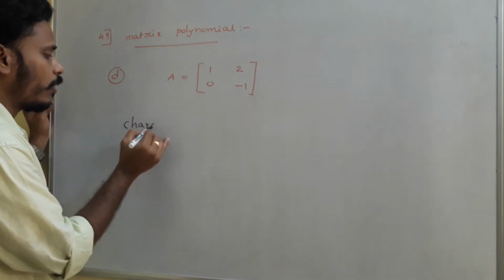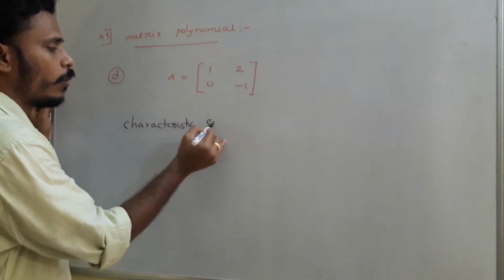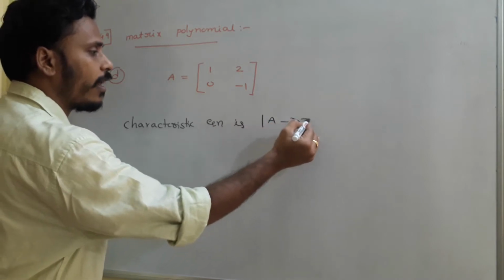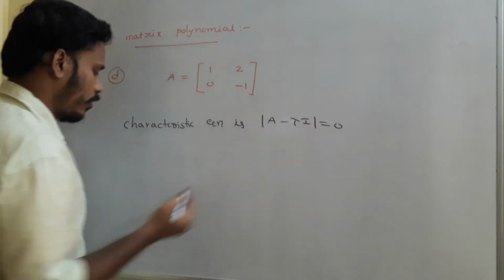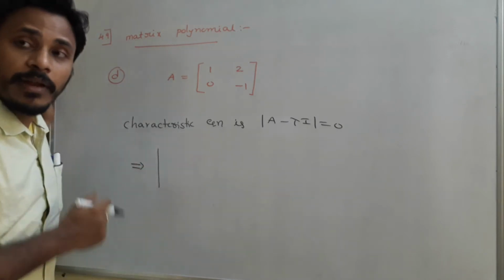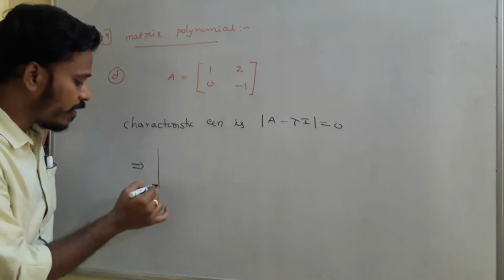The characteristic equation is determinant of A minus lambda I equals 0. That implies determinant of A minus lambda I, where A is the given matrix and lambda I means lambda times the identity.